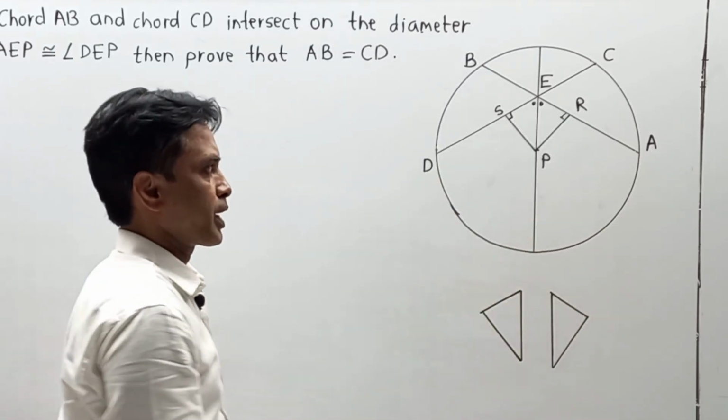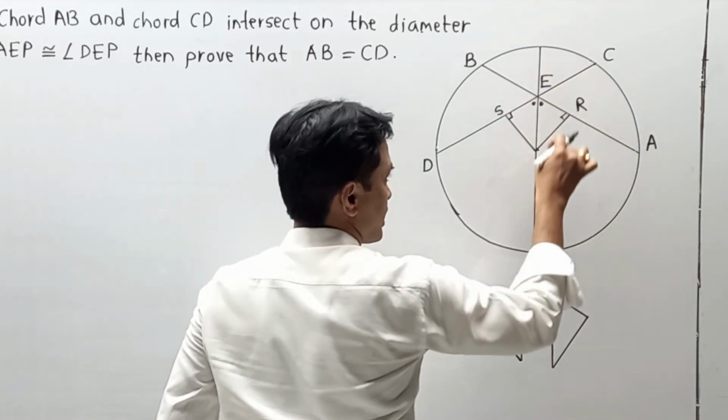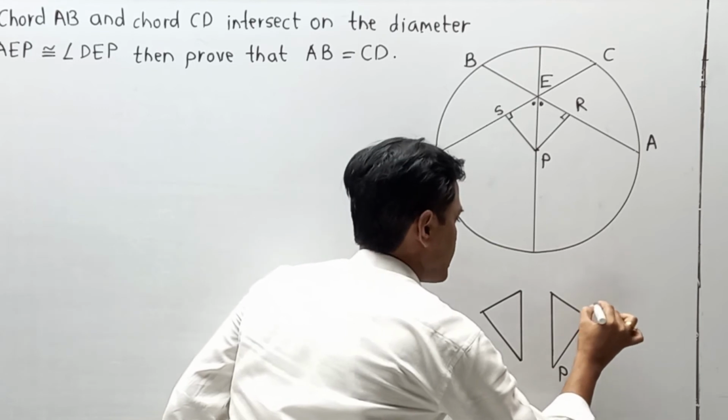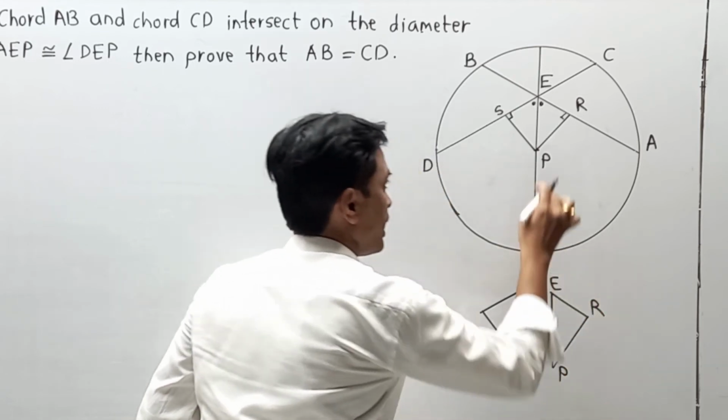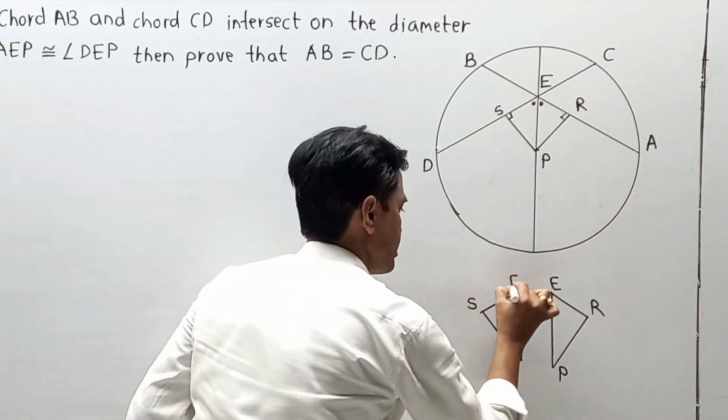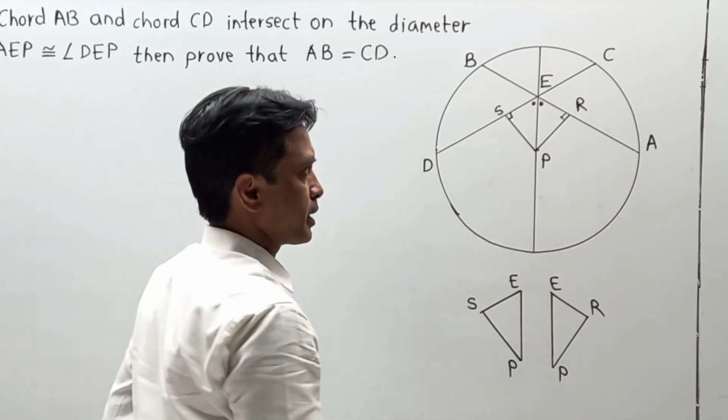Which are these two triangles? One is PRE and the other is PSE.